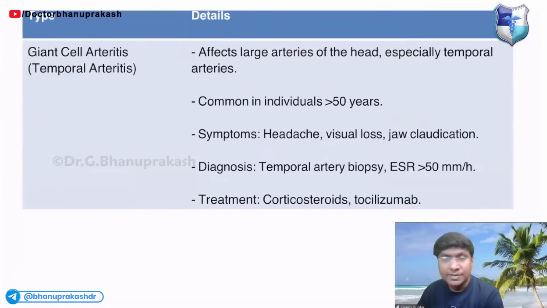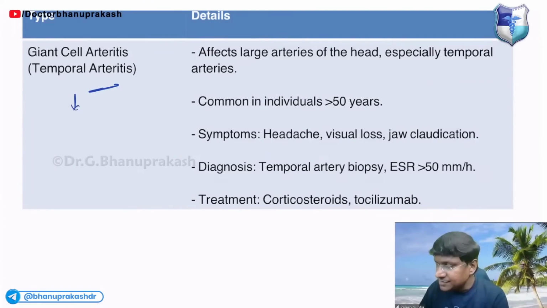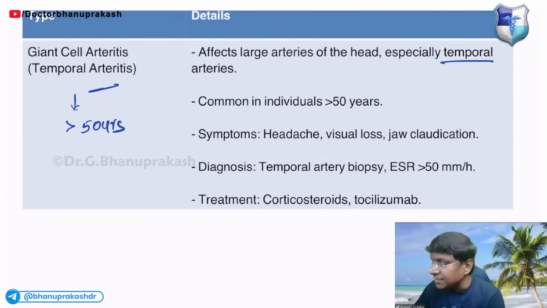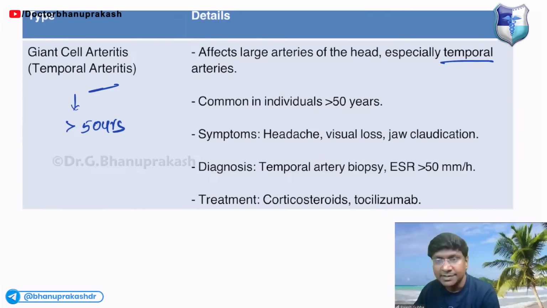Now, the next important form of large vessel vasculitis will be the temporal arthritis. It is very common in age group more than 50 years. The most common vessel affected is the temporal artery, that is the reason why it is called temporal arthritis.